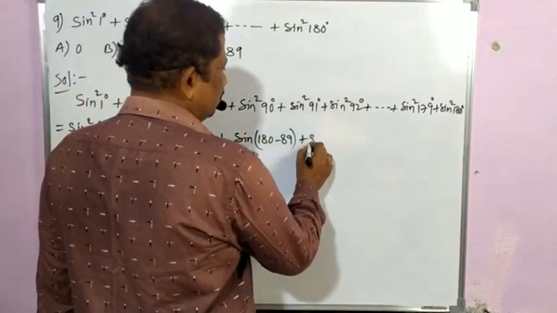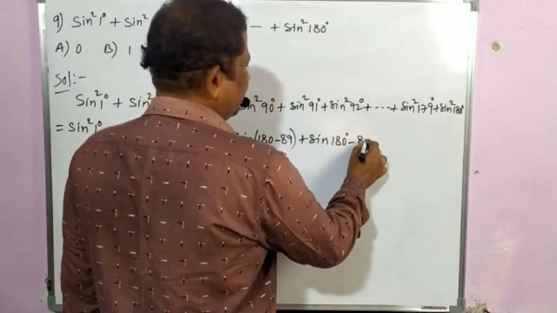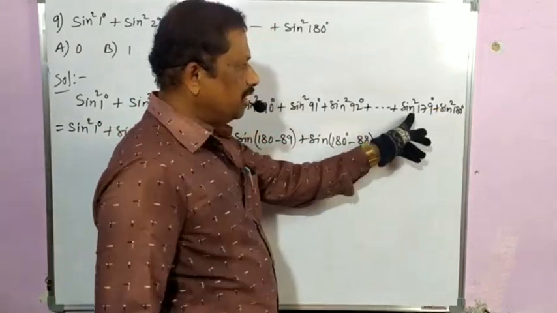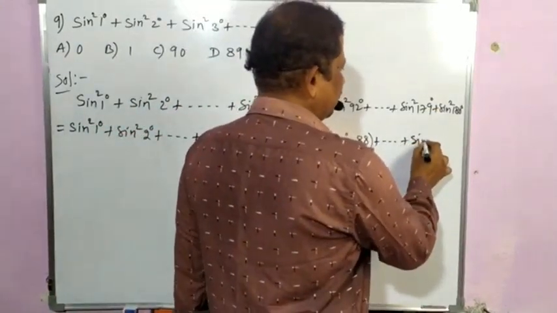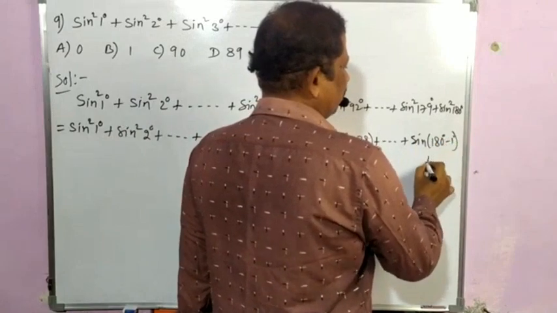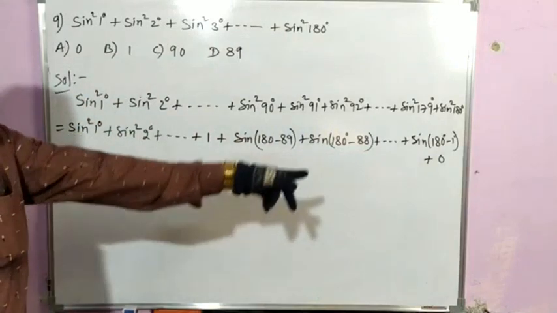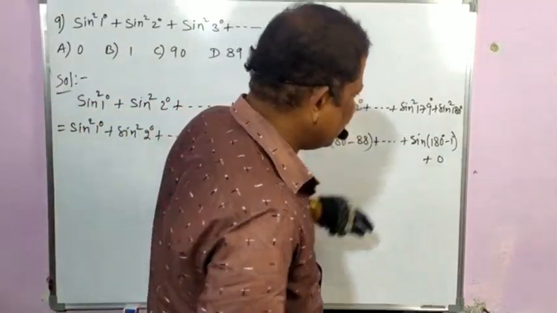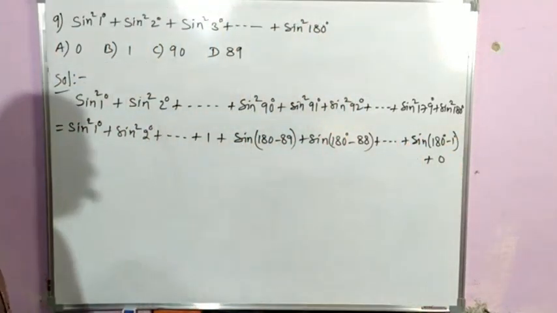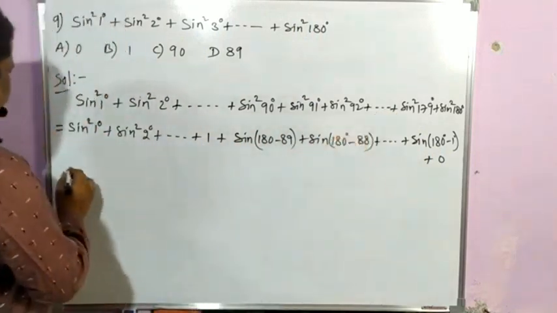Next, this also, sine 180 degrees minus 88, plus so on. This I am going to write sine 180 degrees minus 1 degree. Plus sine 180, which means sine of 90 plus 90, cos 90 is 0. So here sine 180 will become 0. Okay. Clear? Any doubt?